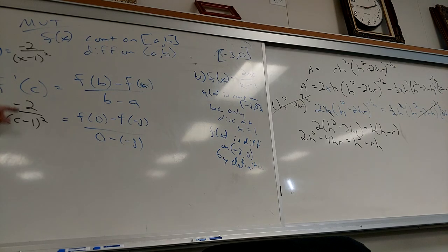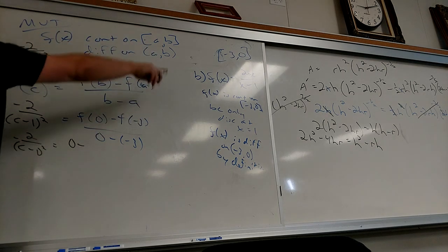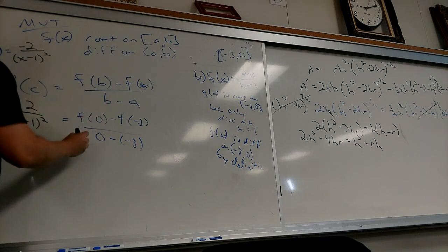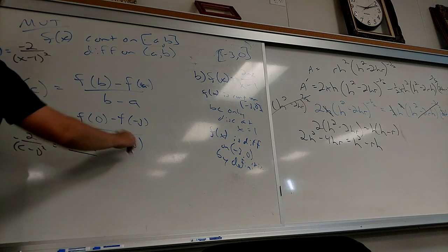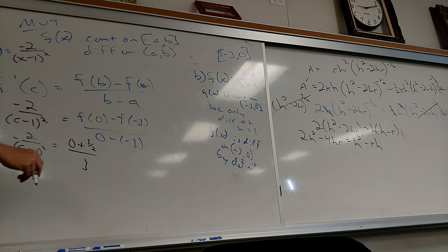So this way of looking at the slope must equal this way of looking at the slope. It's kind of beautiful. So I get -2 over c minus 1 squared. F of 0 is 0. F of -3 is -6 over -4, which is -3 halves, over 0 plus 3. 3 halves divided by 3 is 1 half.